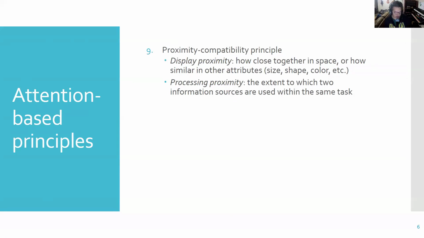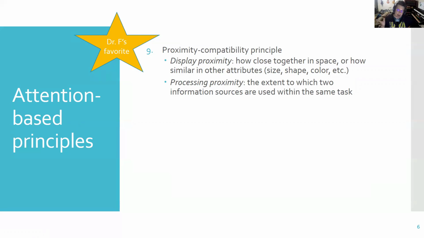Okay. The 9th principle. Now this one, get ready for it. It's my favorite. I like to ask quiz exam questions on these. The proximity compatibility principle. This is one of my favorites also because I talk about it in several of my classes, because it's such a basic principle, but it solves so many issues in interface and display design. Okay, so it starts with this. We have 2 concepts to define here.